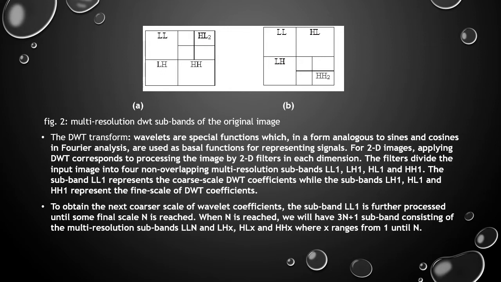They are LL1, LH1, HL1, HH1. The subband LL1 represents the coarse scale DWT coefficients, and the subbands LH1, HL1 and HH1 represent the fine scale DWT coefficients.